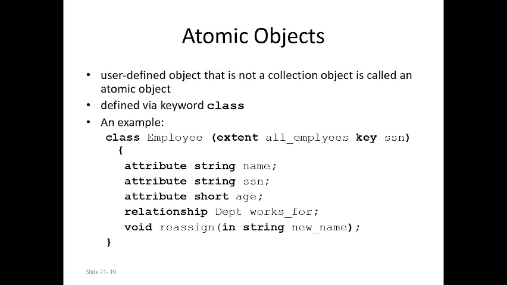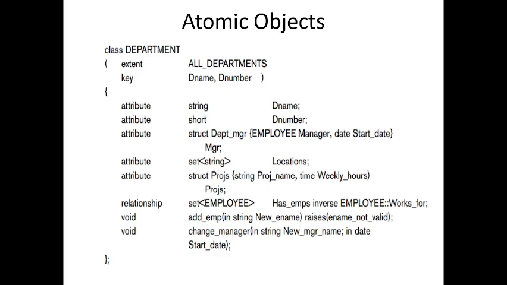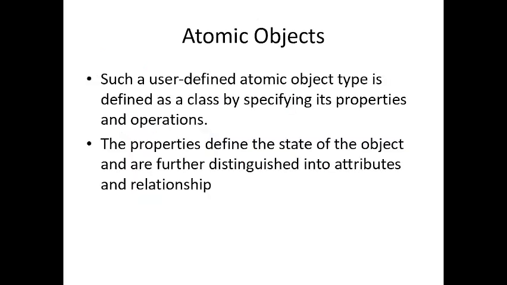So reassign is an operation. And this is a user defined atomic object type, and that is defined as a class by specifying its operations and properties. The properties define the state of the object and are further distinguished into attributes and relationships. The properties can be attributes and relationships.